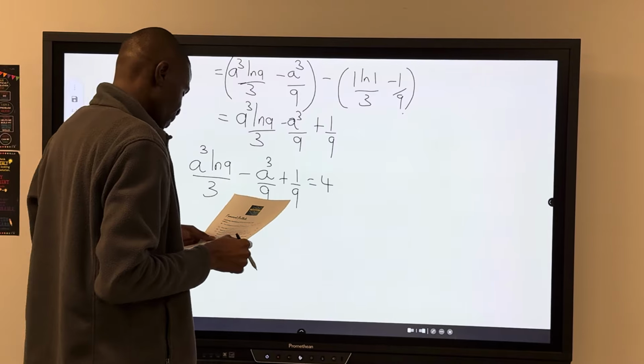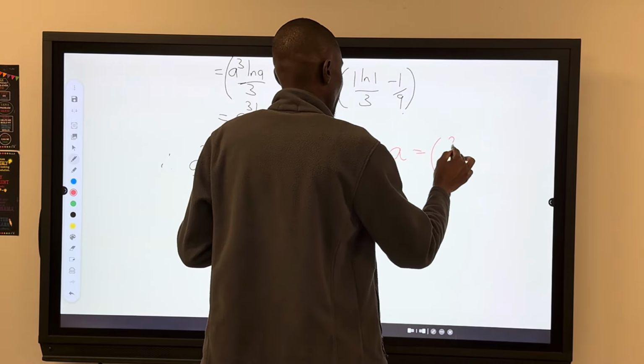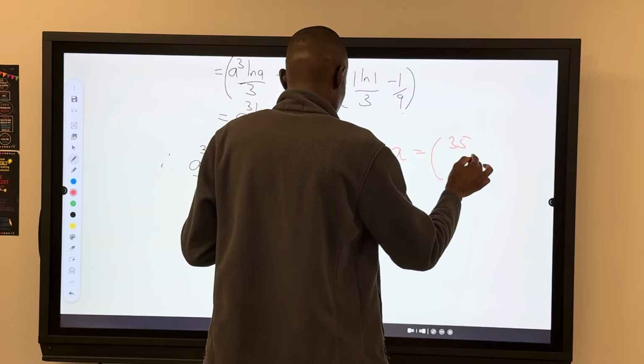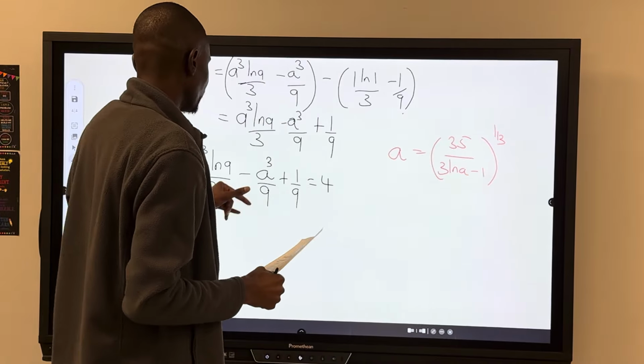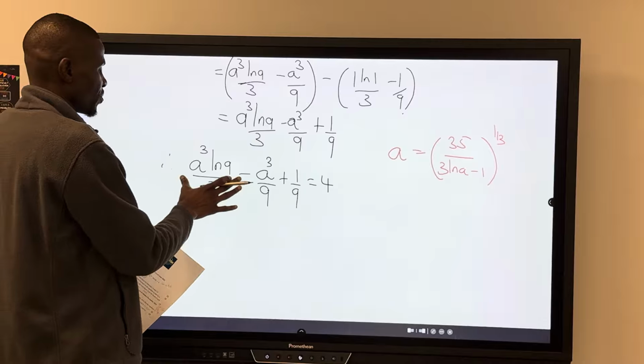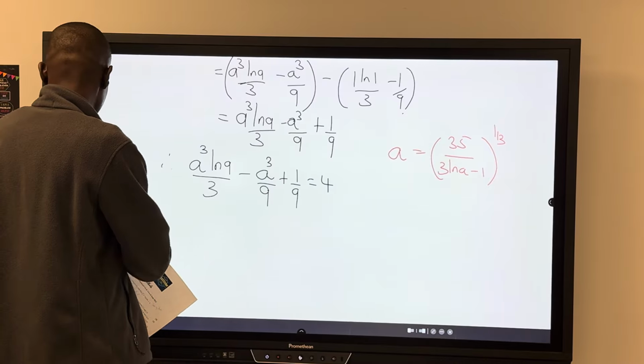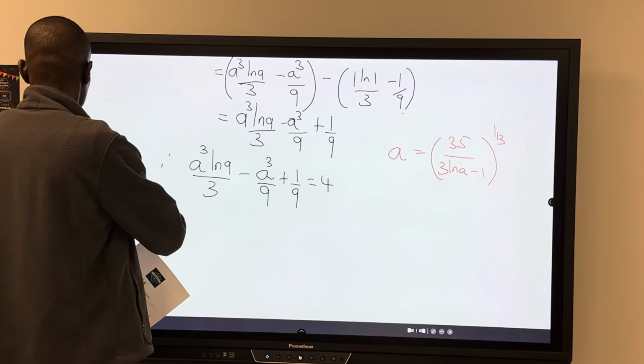The goal is to come up with a equals (35 over 3 natural log of a minus 1) to the power of a third. As you can see, we have a cubed somewhere, so we need to isolate a cubed first. Let's move the 1 over 9 to the other side.